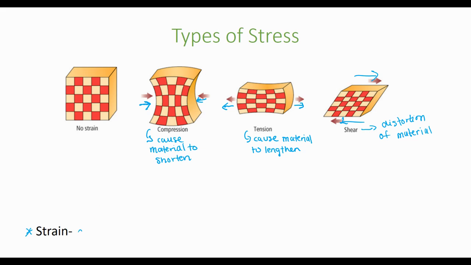This is what we call it when we see materials deform. So this is a deformation of materials in response to stress. So we see strain in response to the stress of compression, in response to the stress of tension, in response to the stress of shear.